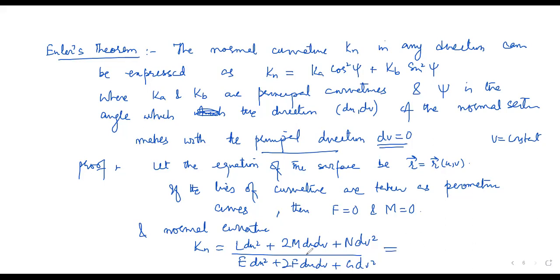Now because f is 0 and m is 0, the middle terms go away, so it would be L du square plus n dv square divided by e du square plus g dv square.